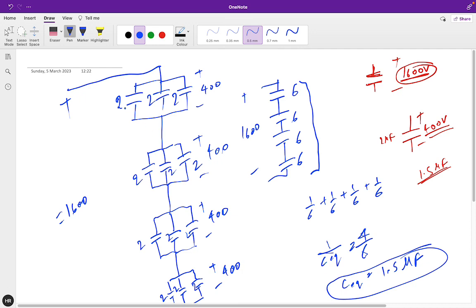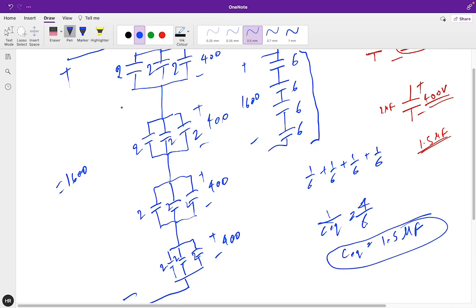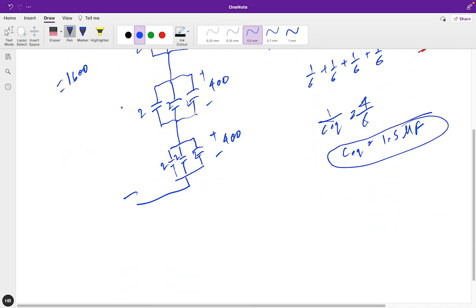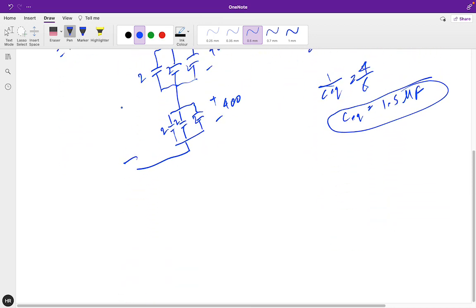See, once again. In this question, the rating of the capacitor is given. You have one particular capacitor whose value is 2 microfarad, and the rating given is plus minus 400, it can hold up to 400 volts only.